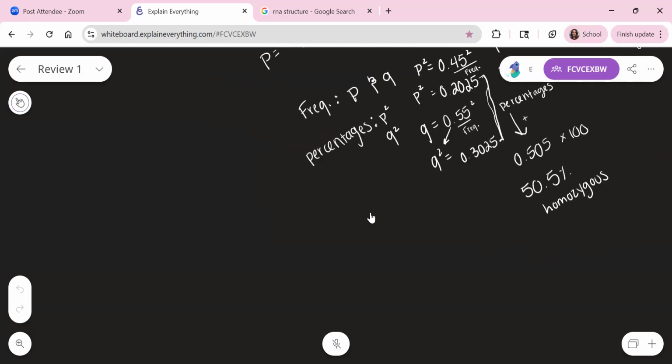So if we want to find P, and we're given P squared, like our percentage in a decimal, we'll just square root this. And this will give us P, which is our frequency. You do the same thing with Q. And then you can figure out what 2PQ is too, if they're asking.